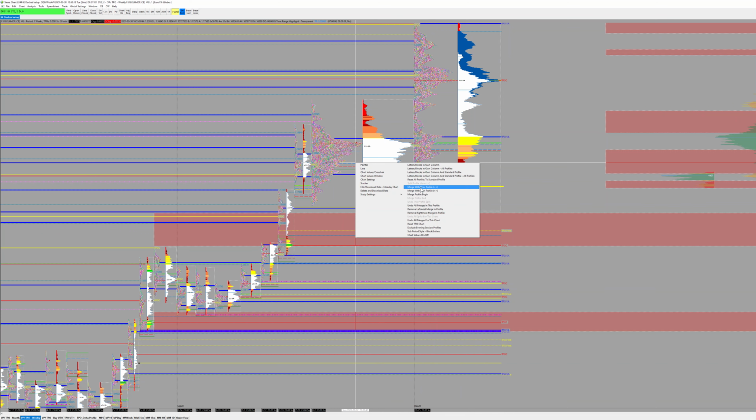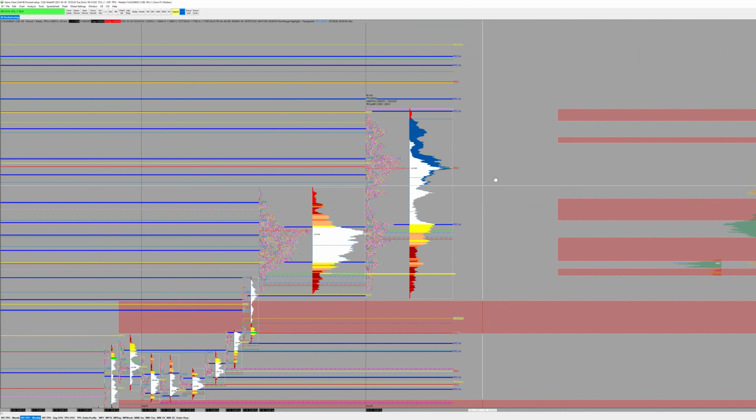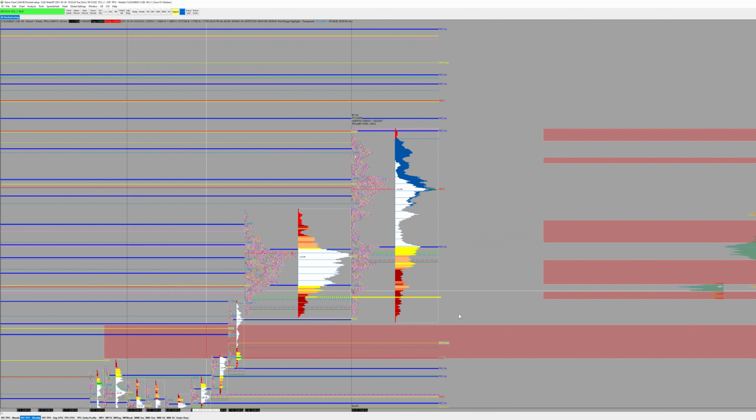You can keep going this way, but the point here is that it gives you a perspective which is slightly different, and now we're looking at value and we can see that we're here at the moment.